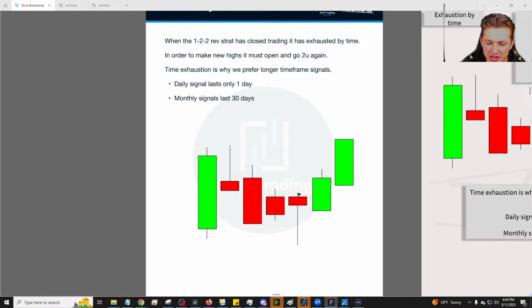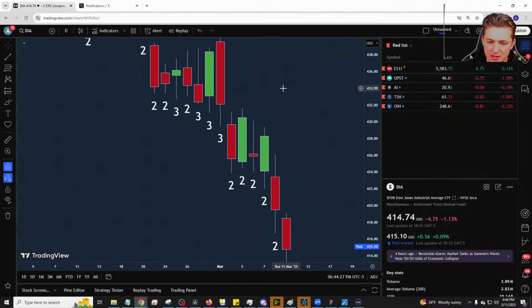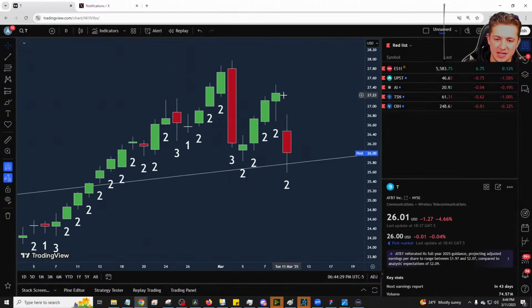This is only considered in force if this bar is open and above the break of the signal. Once that bar has closed out, it is no longer in force. You can say it's still closer to continuing to the upside, which you can see in this case it would, but it's not considered in force anymore. So you only have the length of the time frame that the signal sets up on. For example, we go to AT&T.